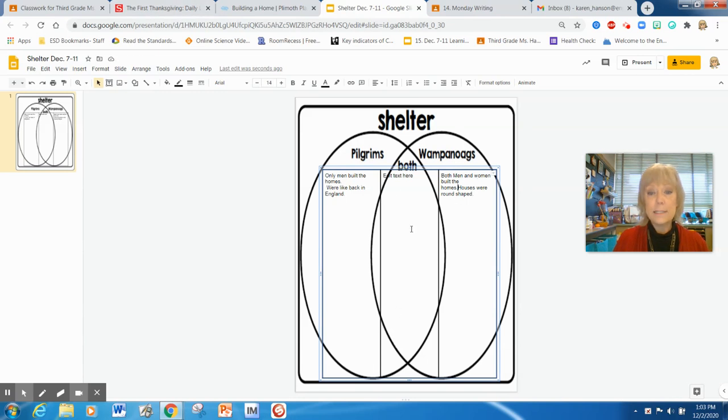Okay, and you're going to just go back and forth. And if there are things that are similar, you're going to put them in here. So you can say they, let's see, I'm going to go down here. I know that they both cooked over an open flame. Okay, that's kind of more about cooking, but that's okay. All right, so you get the idea.